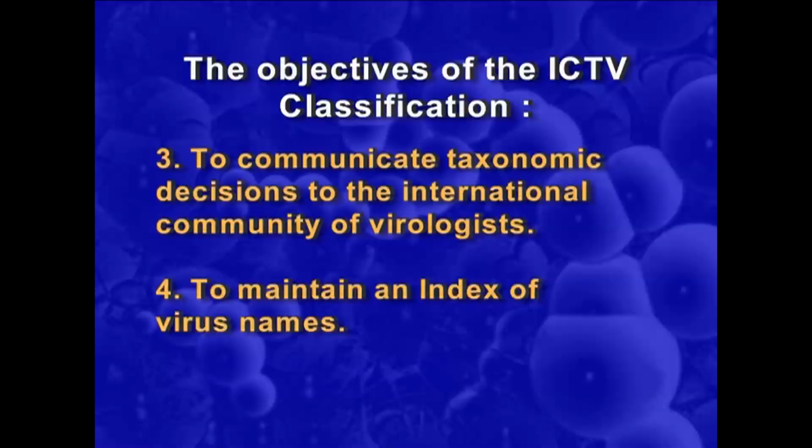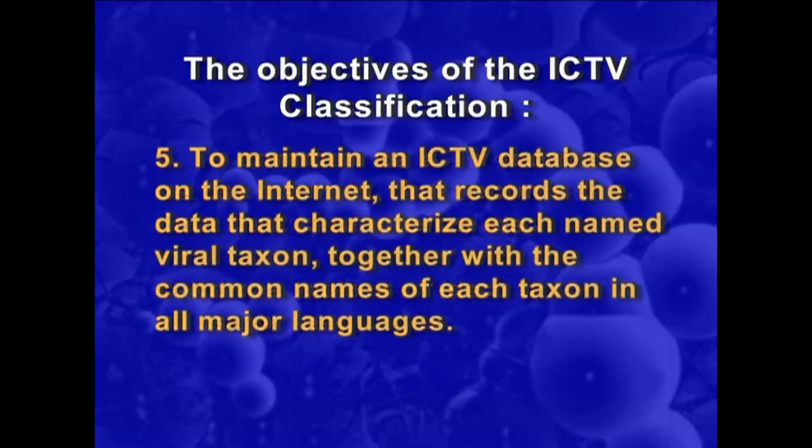They were also interested that whatever information is being put into the ICTV should be internationally acceptable to all the virologists who are working worldwide. To perform this, they created the database, as I mentioned earlier, ICTV-DB, which was regularly maintained and upgraded from time to time to keep the virologists working worldwide updated with whatever changes are occurring in this classification system.